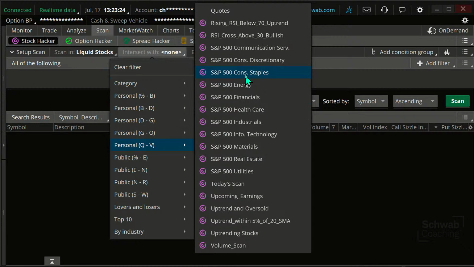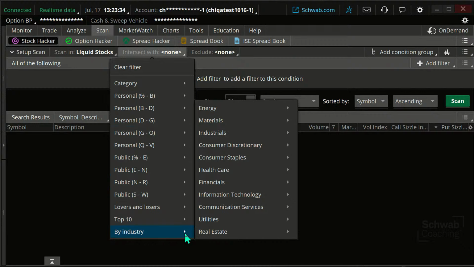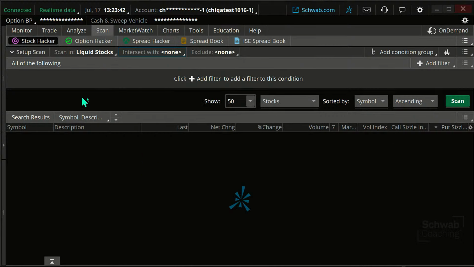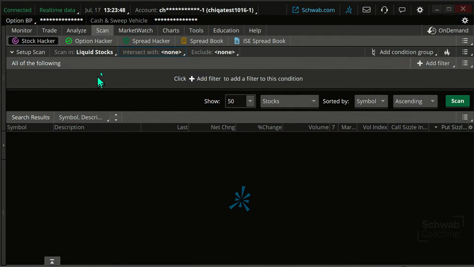Because very often I want to look at, say, Staples or something like that. Stocks that are in the S&P 500. Now I can just go over here and go by industry and go to Staples, okay? The problem is there's a ton of stocks in all consumer staples. So that's why I pre-created these. As you create your own little library of personal scans, then what you can do is you can kind of layer them in there one upon another here to help you out.